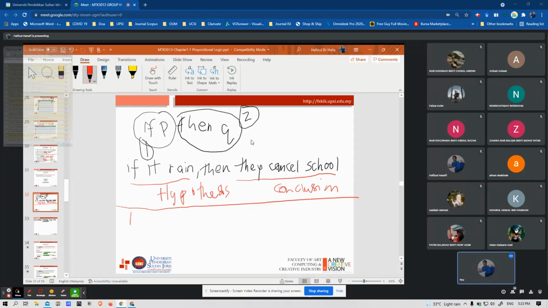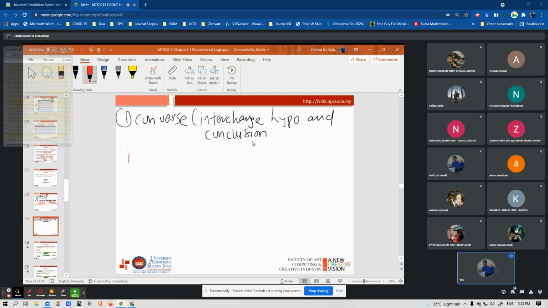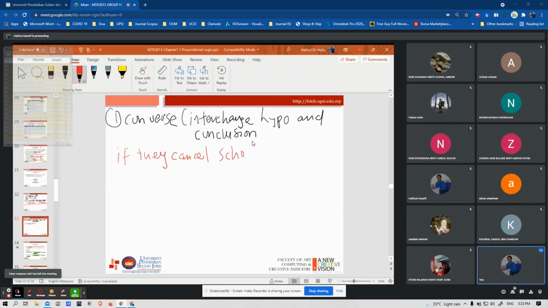If they cancel school, then it rains. Okay, this one is for the converse. Okay, the second one. What is the second one? Inverse.